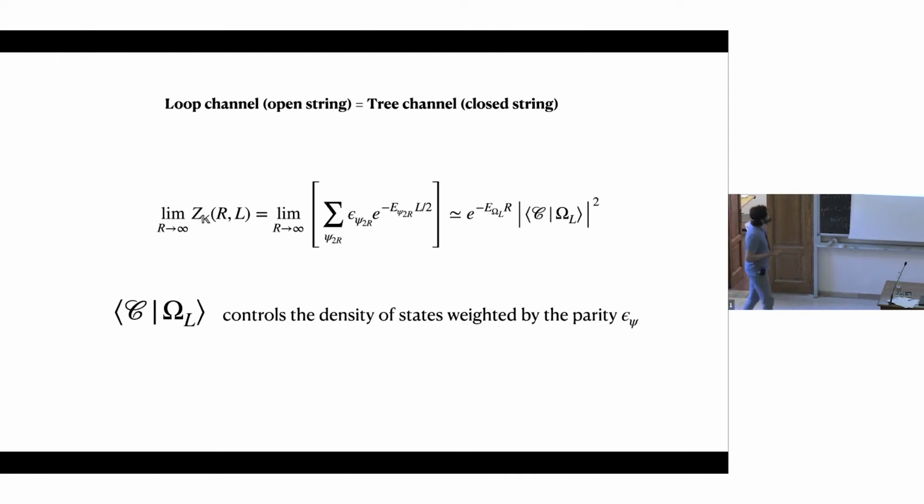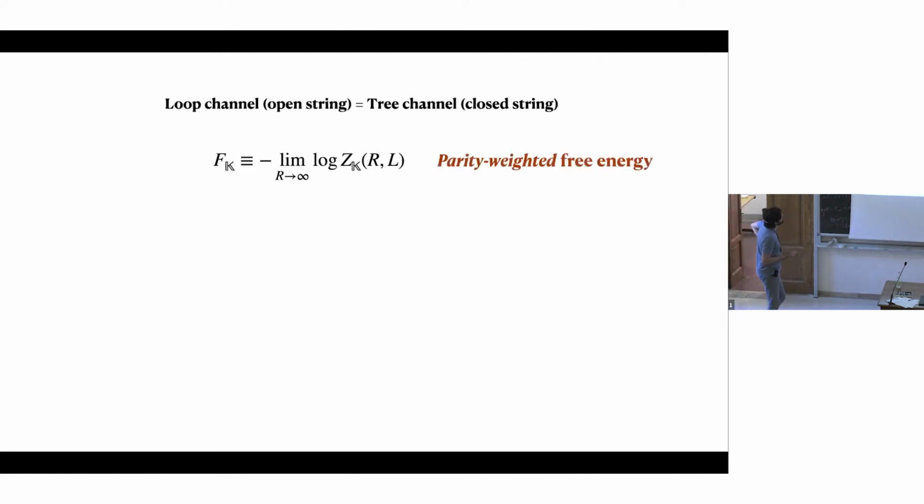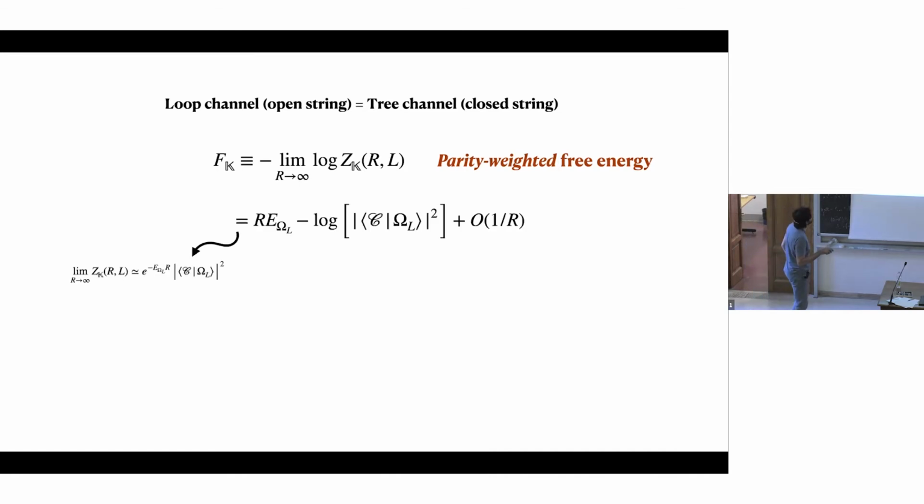Okay, so let's make it a little bit more precise. Let's define a free energy in the usual way by taking the logarithm of the partition function. I could call it parity weighted free energy because I sum over states with a weight given by the parity.